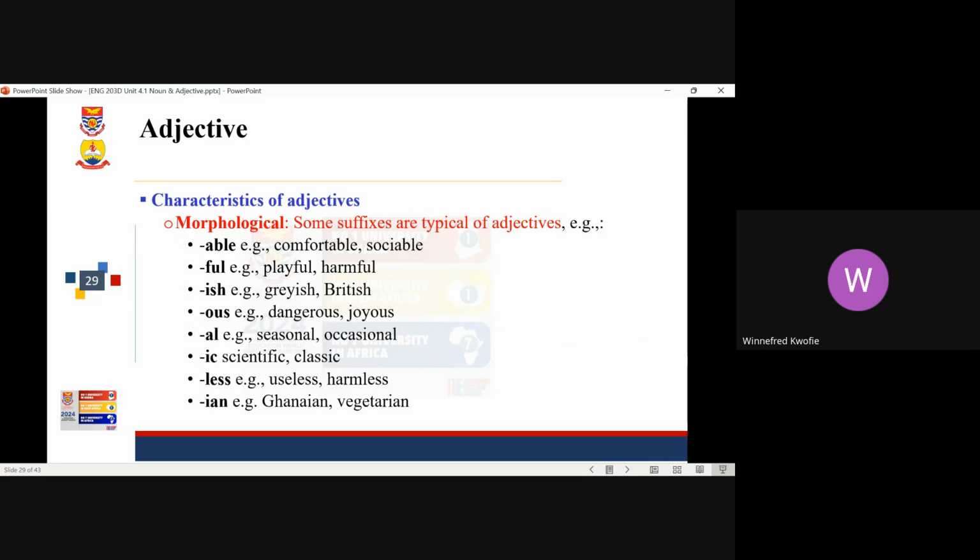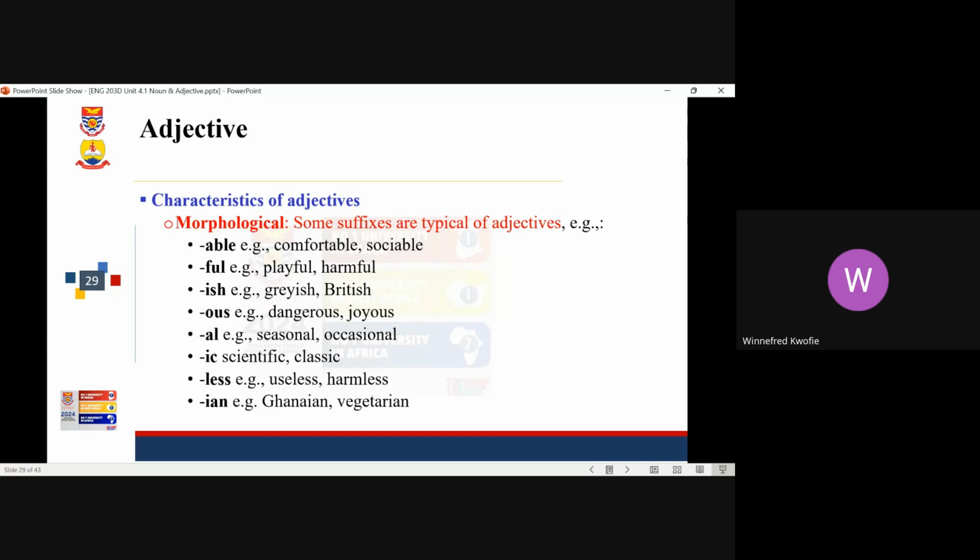Now let's look at the characteristics of adjectives. Morphological characteristics of adjectives. In other words, how adjectives are written, how they look. There are certain surface forms that when we see them, we tend to see that those words are adjectives.